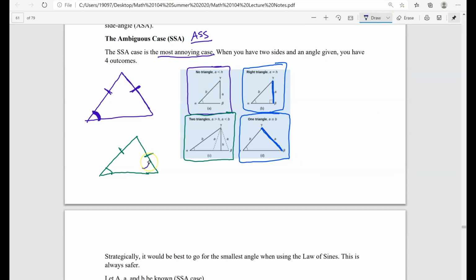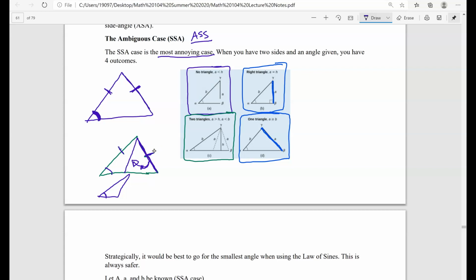Imagine that I'm swinging this side over to create an angle that looks like this. So I can have a triangle that has an obtuse angle here. Basically, this side is being swung to the other side. Depending on the angle measurements and also the other sides, you can have two different triangles. So it really just depends.